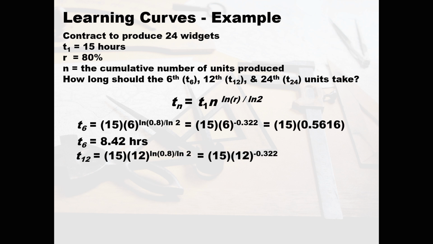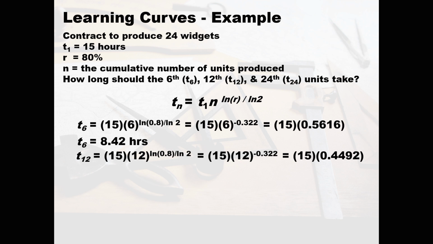So here we are, 15 times 12 raised to the negative 0.322, or 15 times 0.4492. See, our units went up, our power stayed the same, but the number is reduced.